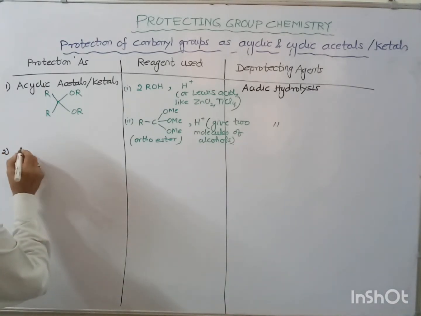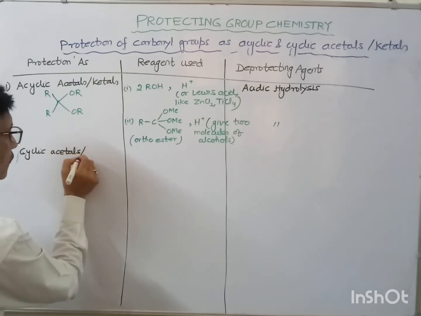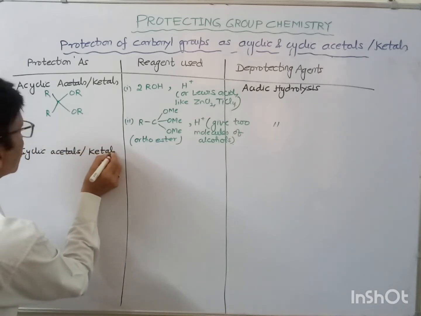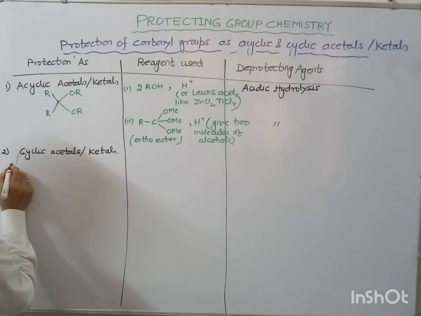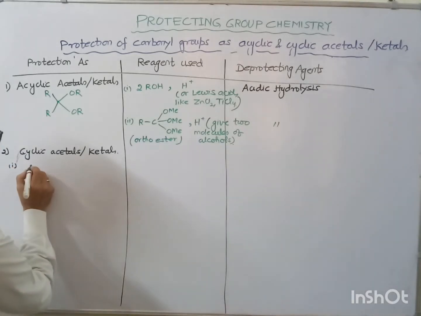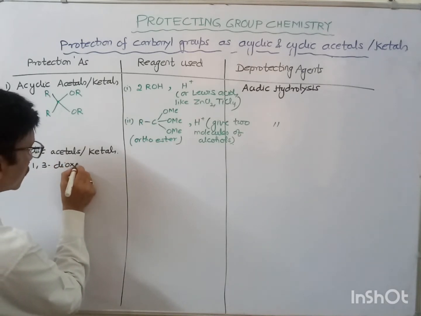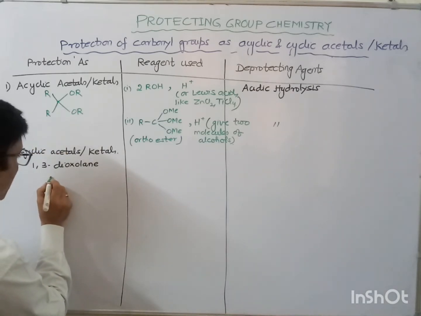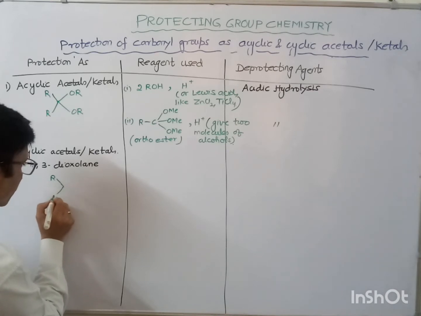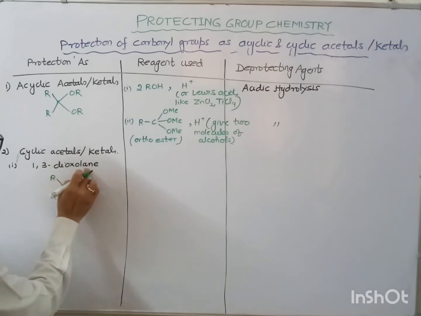Another way is as cyclic acetals, ketals. One of the ways is by converting this into 1,3-dioxolane. If we have any carbonyl compound, then that can be converted into 1,3-dioxolane.